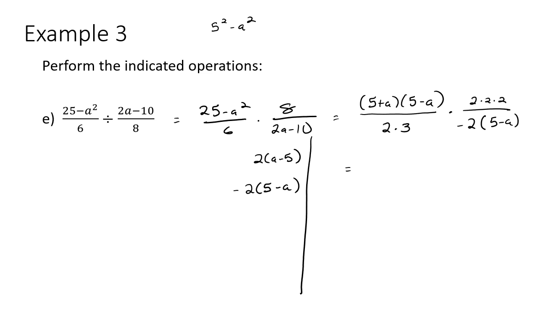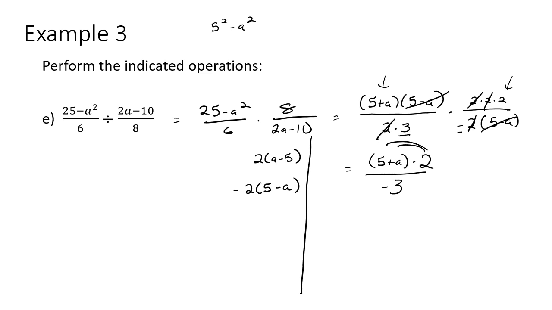All right, and now we can do a lot of cancellation. 5 minus a's cancel, 2's cancel, more 2's cancel, but be careful, the minus sign is still there. And so what we're left with in the numerator is a 5 plus a, still in parentheses, times a 2, divided by 3 times the negative 1.